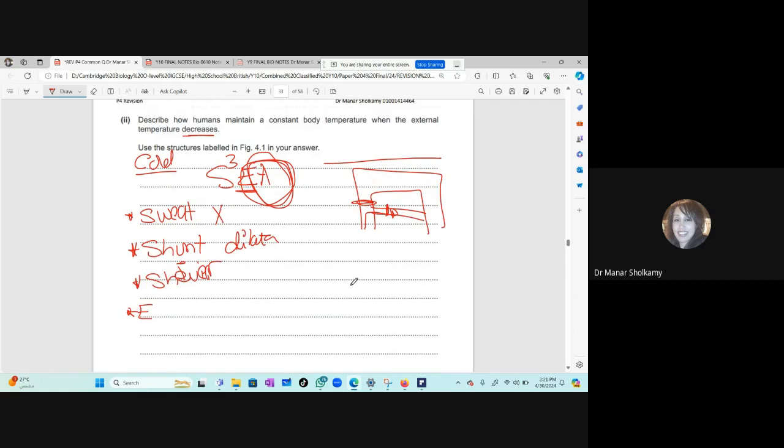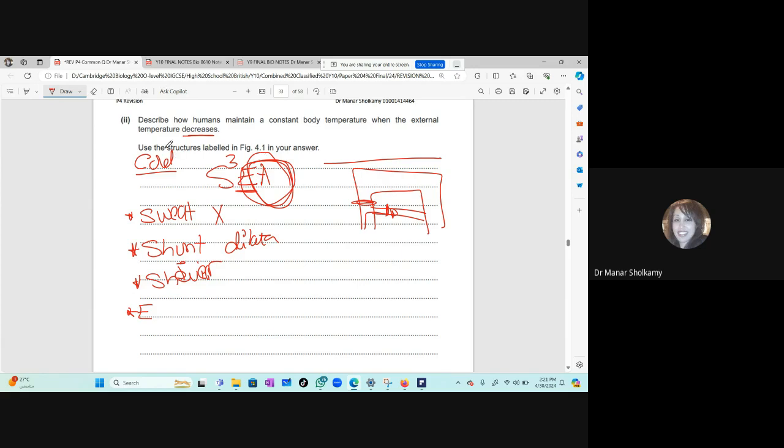All this will give you 6 marks, but who will detect that there is a temperature change? The brain. Yes, correct. Receptors in the brain and also receptors in your skin detect the external temperature and the core temperature inside your body, and they send messages to the brain, and the brain will respond by a motor impulse and go to your sweat glands and erector muscle and do the job.